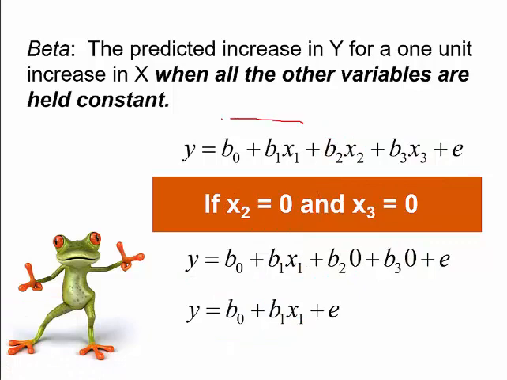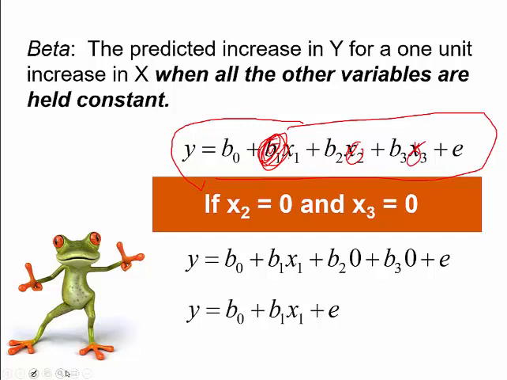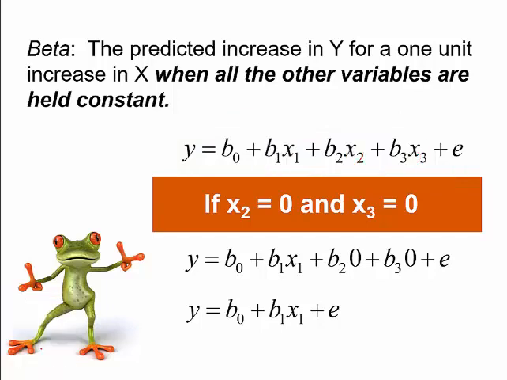We can understand that in this multiple regression equation, this beta right here, beta 1, is essentially the beta weight we would get if X2 and X3 were 0 for everybody in our sample. That is, if X2 and X3 were held constant at 0 for everyone in our sample, this is the beta weight we would get.